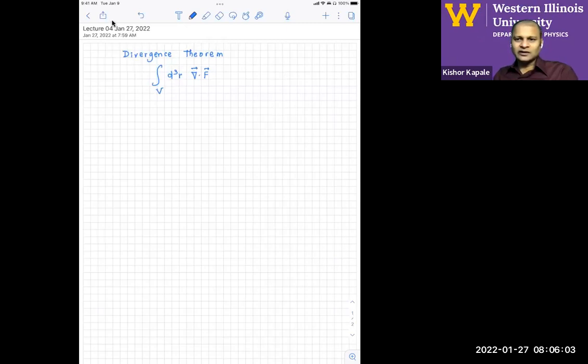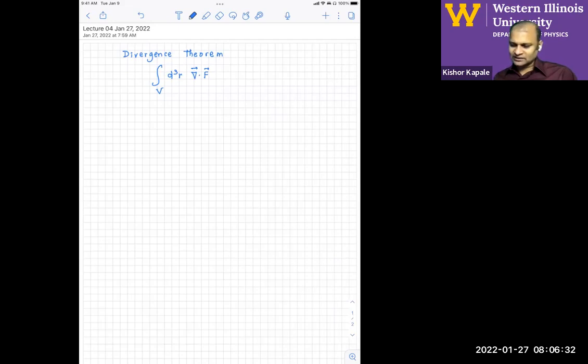So all that we are doing is looking at the divergence of a vector field in an enclosed volume of, let's say, V, and that can be thought of as just the projection of the field on the normal vector to that surface boundary, right? So the normal vector part is crucial.